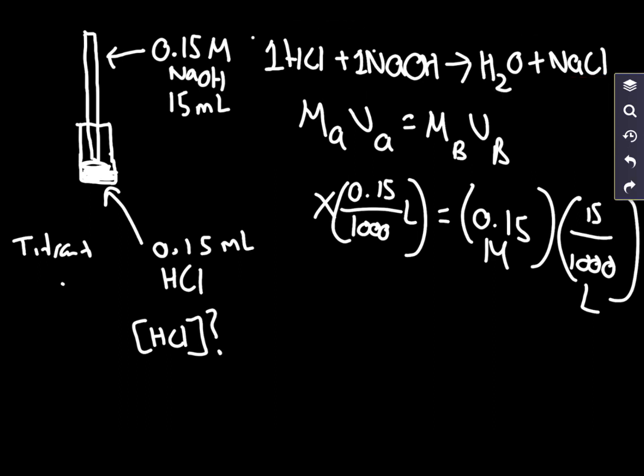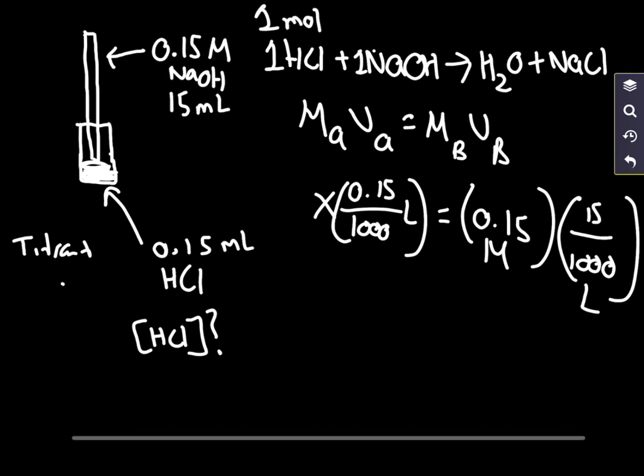In the reaction, we can see that the mole ratio of acid to base is 1:1, right? 1 mole of acid equals 1 mole of base. For every 1 mole of acid, we have 1 mole of base.